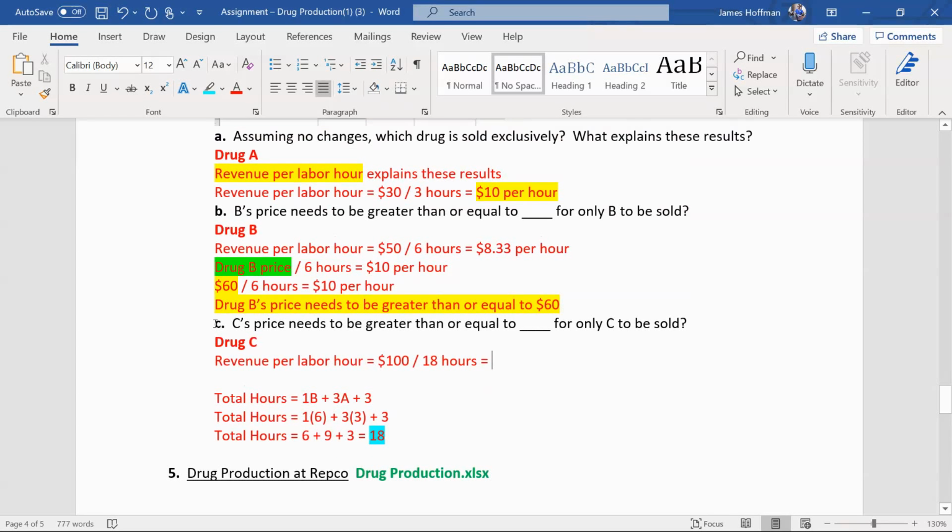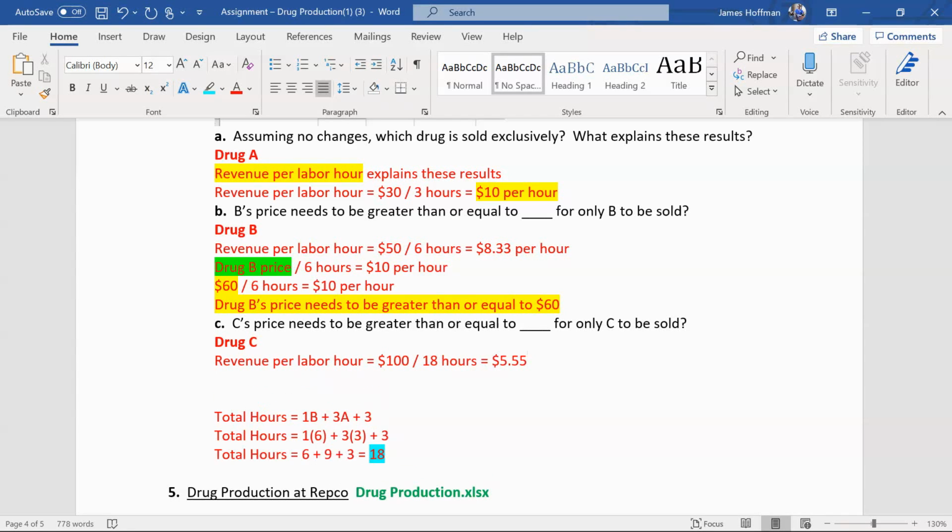Can someone figure that out? It's something less than 10, that's all I can tell you. 5.55? Alright, sounds good to me. $5.56, alright, close enough.